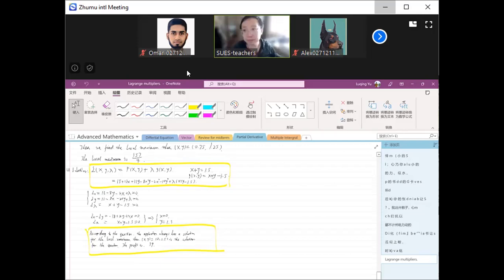But I still think that part is kind of important, because the Taylor series is also a very important thing you are going to use in your future study. It is a way to transfer a function into a series.